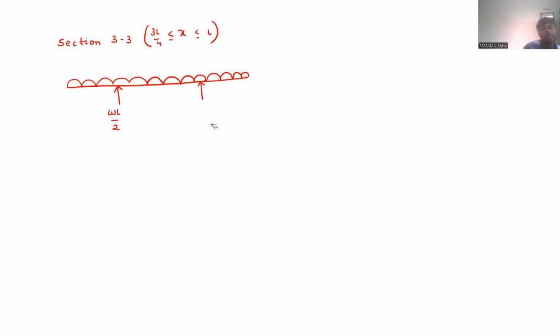We have shown every reaction and every loading condition that will be coming to the left portion of that section 3.3, along with the internal reactions VXX and MXX. Now tell me the equation for VXX.